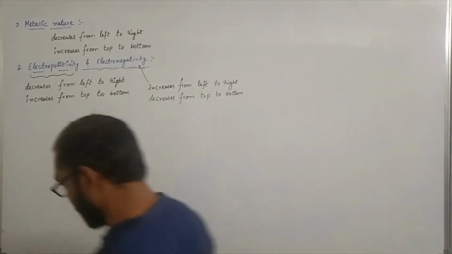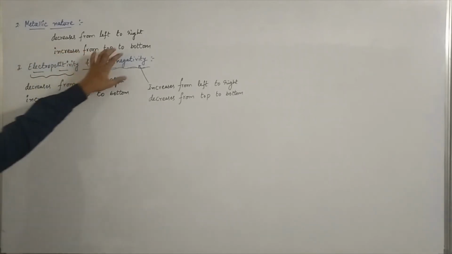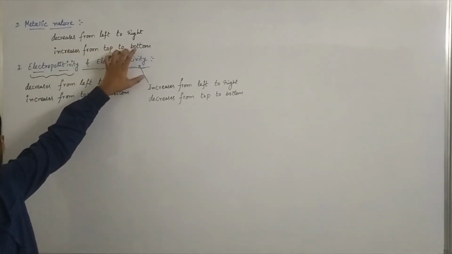What do I mean by electropositivity? It is the ability or tendency to lose electrons. Electronegativity means the tendency to gain electrons, the ability to pull the bonded electrons towards itself.